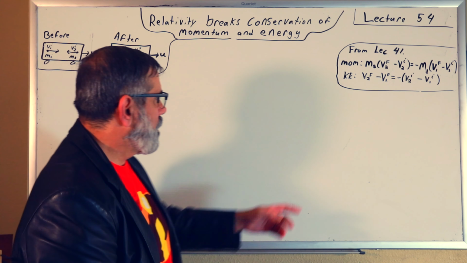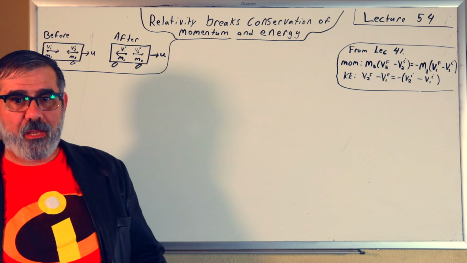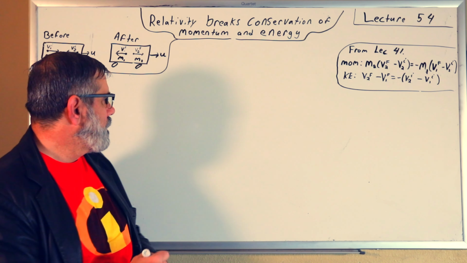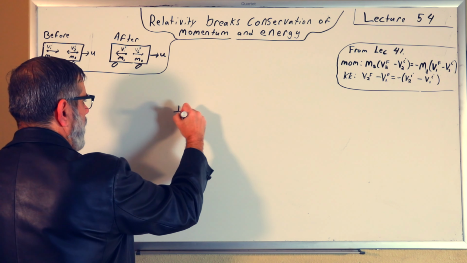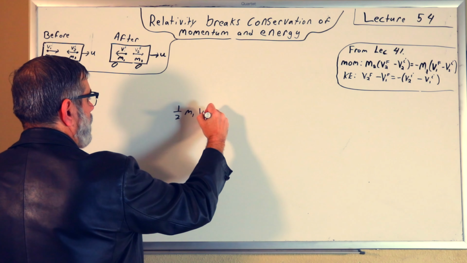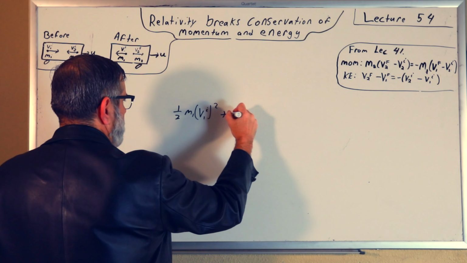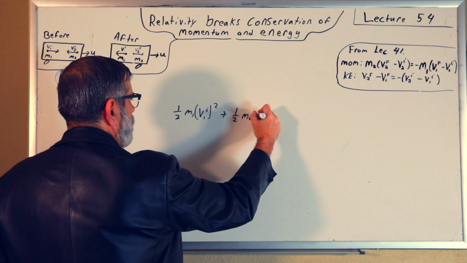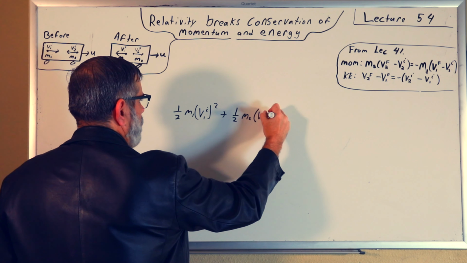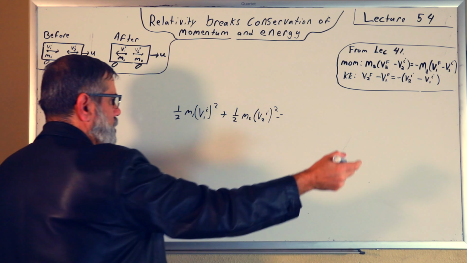The kinetic energy term comes from conservation of kinetic energy, which would say 1/2 mass 1 v1 initial quantity squared, plus 1/2 mass 2 velocity 2 initial squared, and then equals the finals.